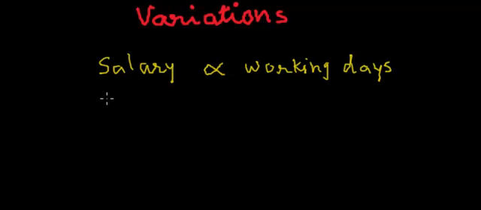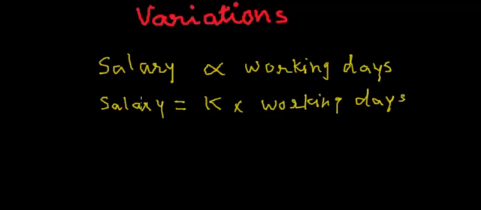So, it actually means the salary can be calculated as some constant k times working days. In this particular case, this k constant will be the salary of one day.